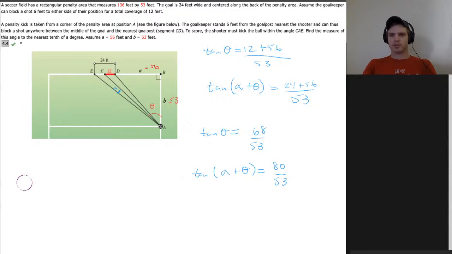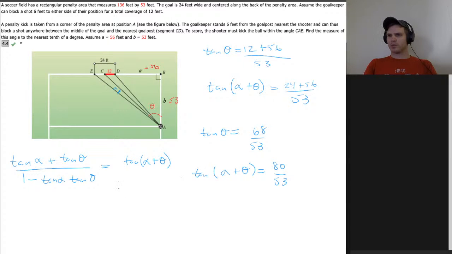Okay, so it's tangent of alpha plus tangent of theta over 1 minus tan alpha tan theta. So this is going to be equal to the tangent of alpha plus theta.